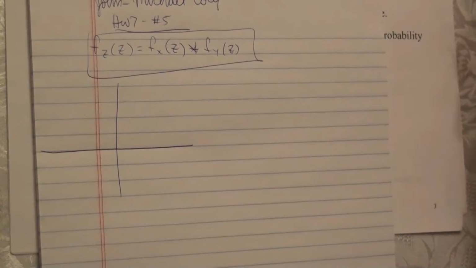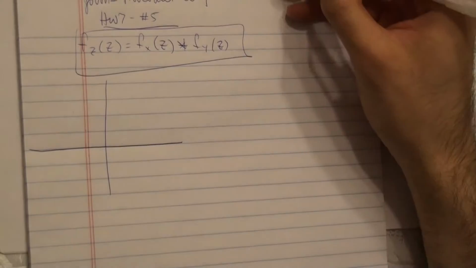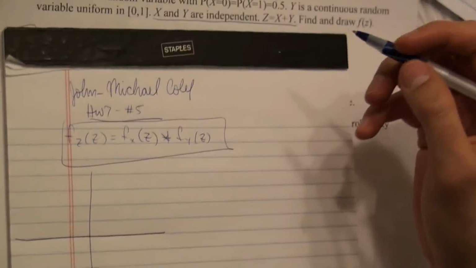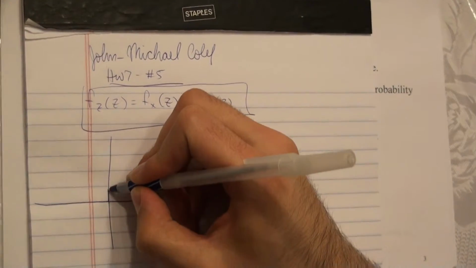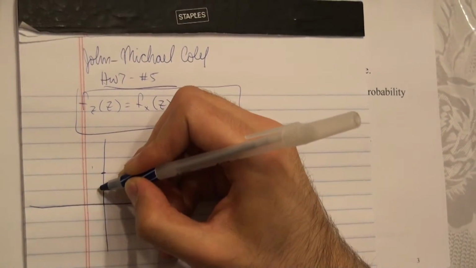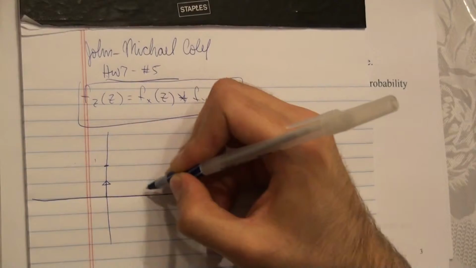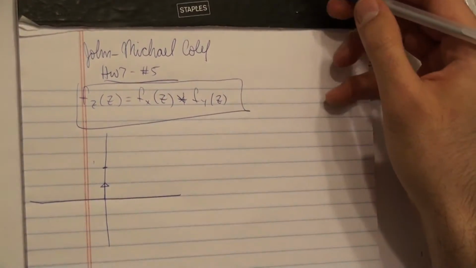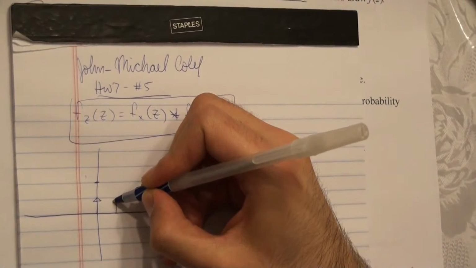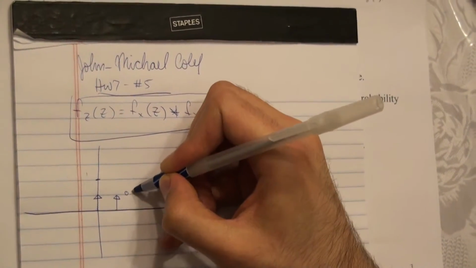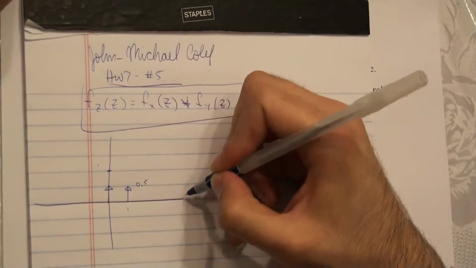So fx of z is a discrete random variable, and they tell us that at x equals 0 and x equals 1 that it's equal to 1/2. So if I make this 1, this is 1/2 over here. So it's basically a delta at 0.5 for x equals 0 and for x equals 1.